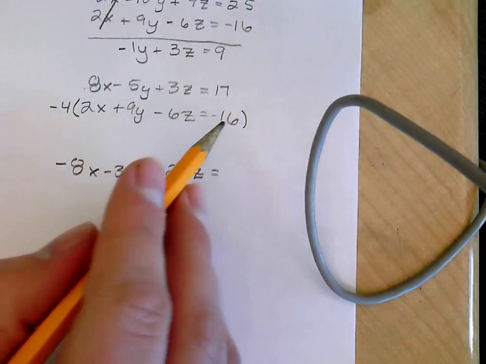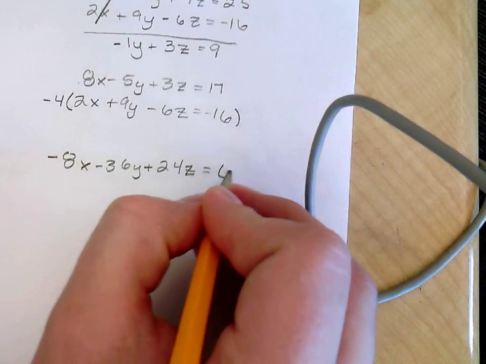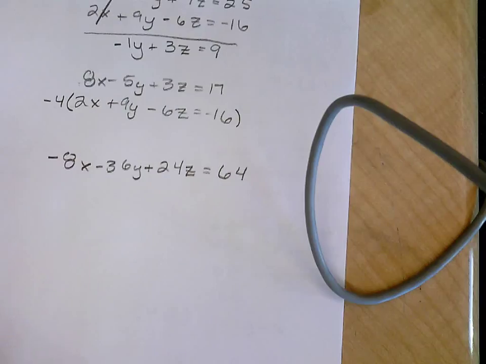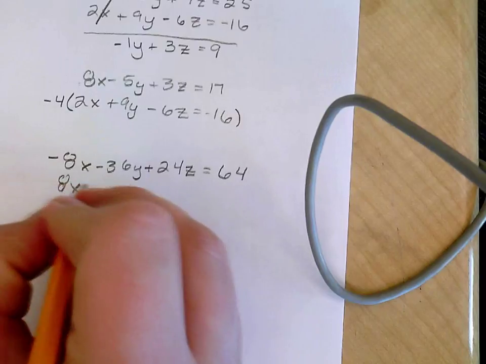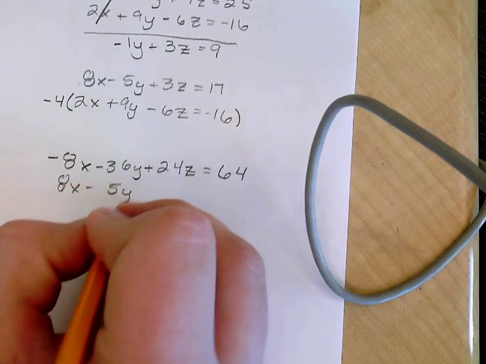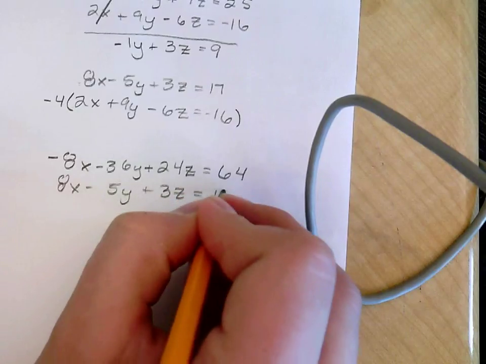And then finally, -4 times 16 gives me 64. I'm going to rewrite the other one below it, so it's going to be 8x minus 5y plus 3z equals 17.